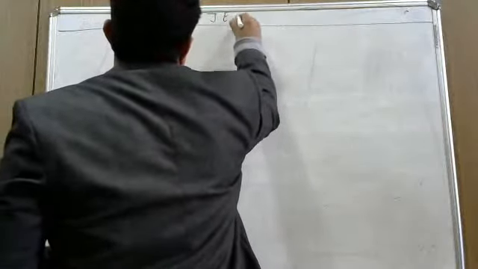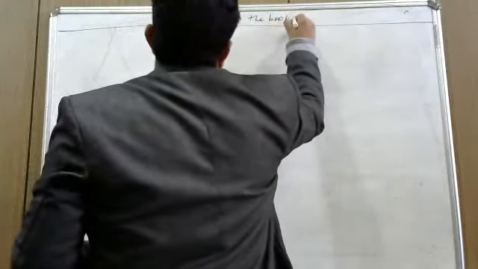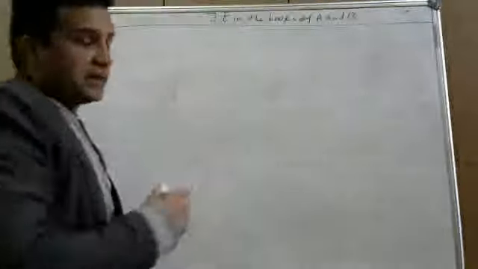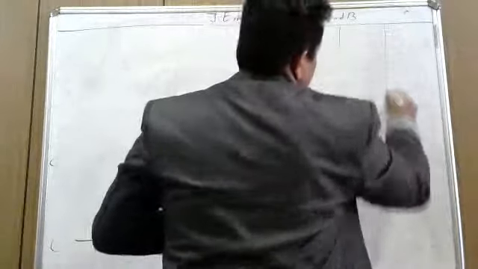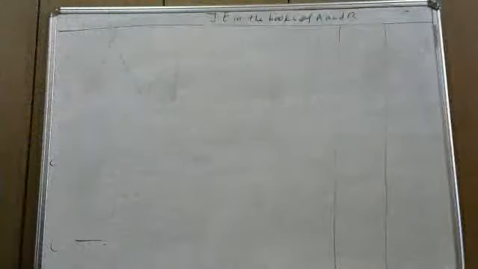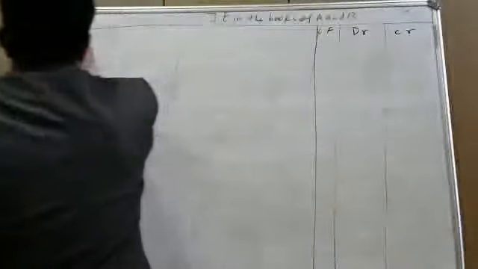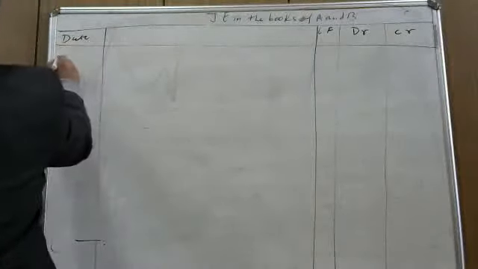You all know the format of a journal entry. You write journal entries in the books of A and B. A and B are partners, that's why you write journal entries in the books of A and B. You write debit side, credit side, ledger folio, date.